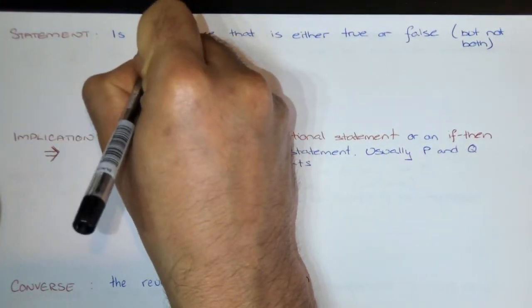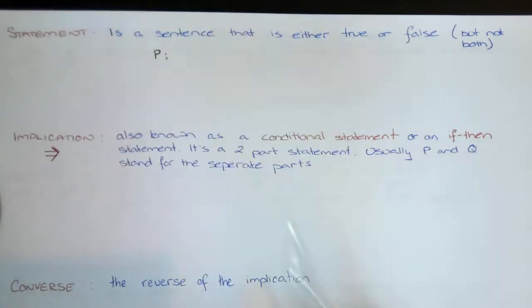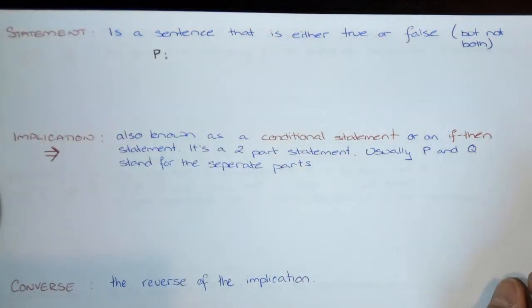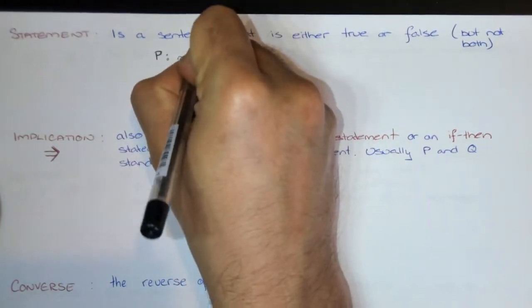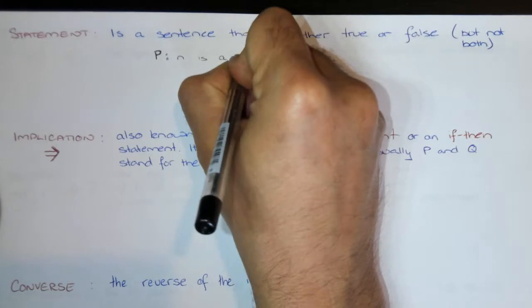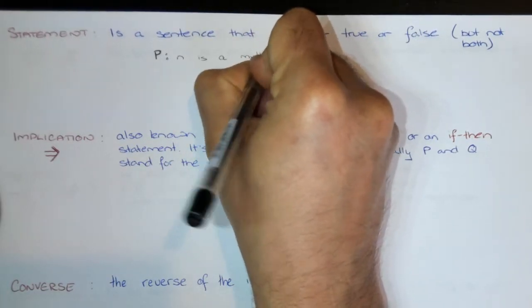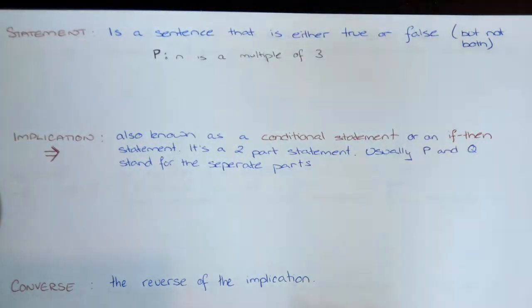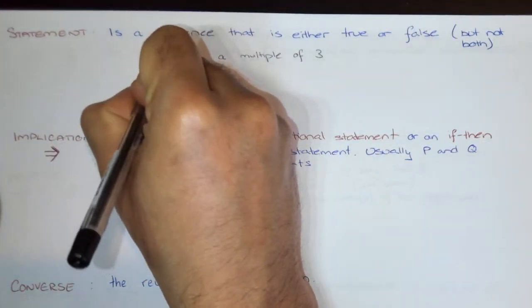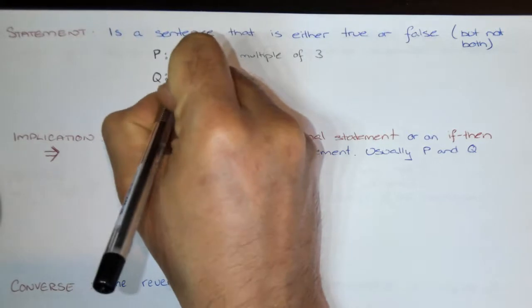For example, I might use capital P, P for a premise or a proposition. So let's say n is a multiple of 3. I can give another one.